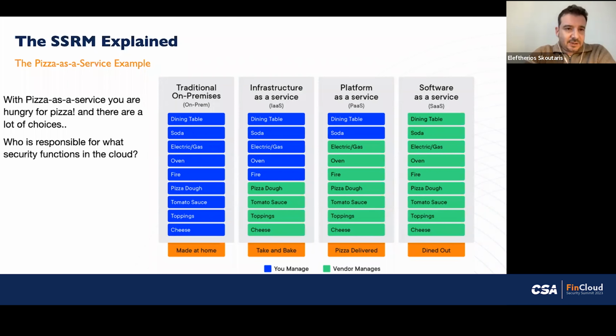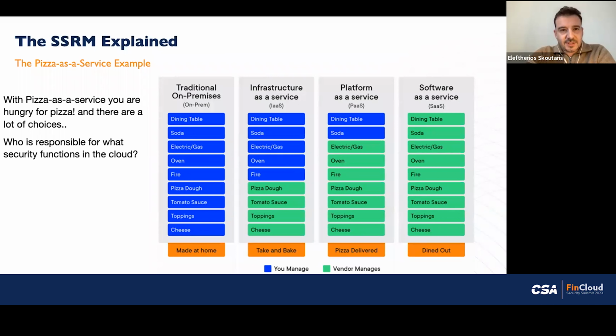So in this slide, we thought to use a simple analogy of eating a pizza to describe the SSRM in relation to the cloud service models, and to some extent and at a very high level approach that line of demarcation as a first level, right, of understanding the SSRM.